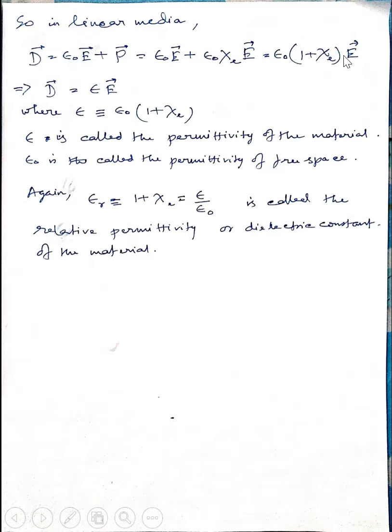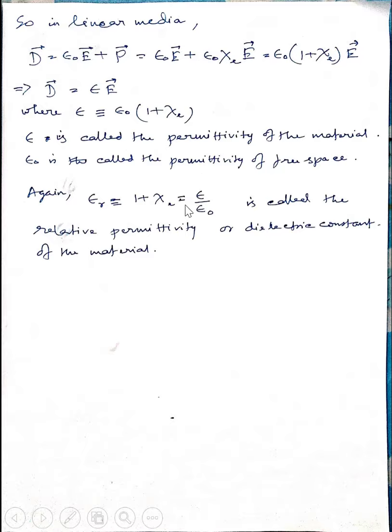So you can write it in a simple way: replace epsilon 0 times 1 plus chi e as epsilon. This epsilon we call the permittivity of the material, and epsilon 0 is the permittivity of free space, right?